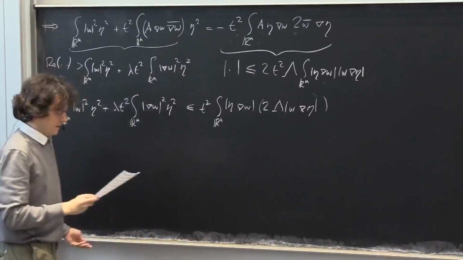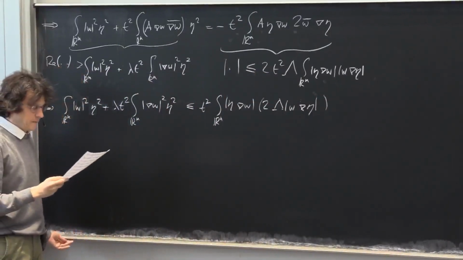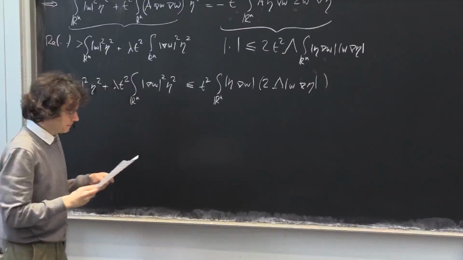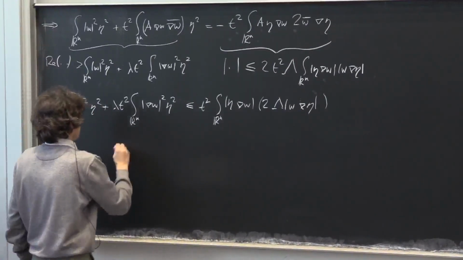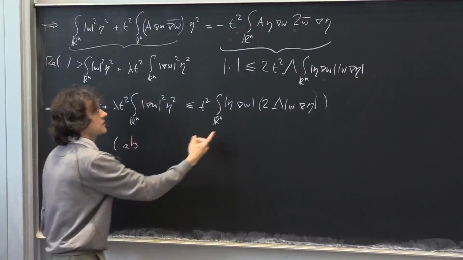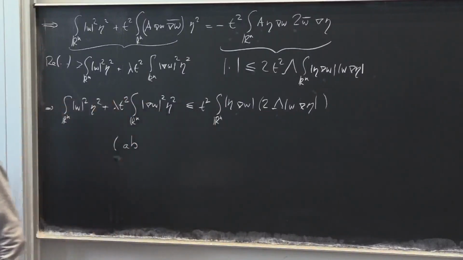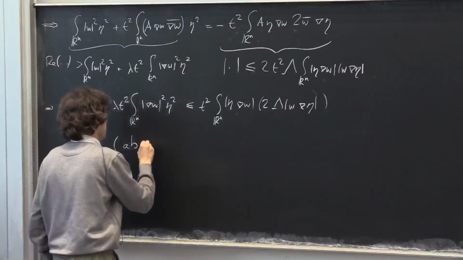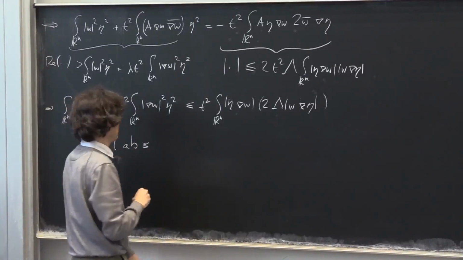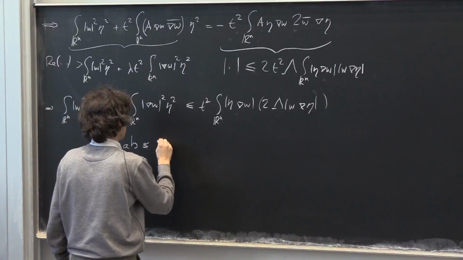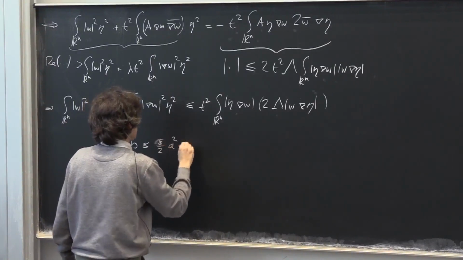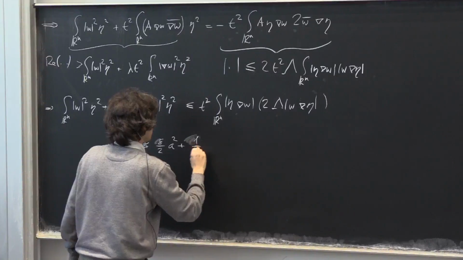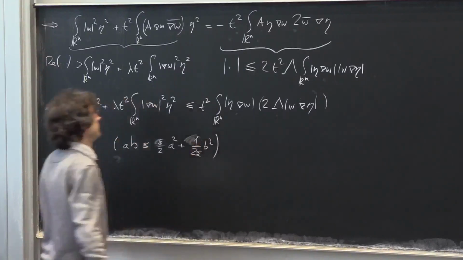Okay, why do I do it in this particular way? Because what I will now use is, so this is a product of 2 terms, and I will estimate by what is sometimes called the Peter-Paul inequality. So this is less or equal epsilon over 2 times a squared plus 1 over 2 epsilon times b squared.